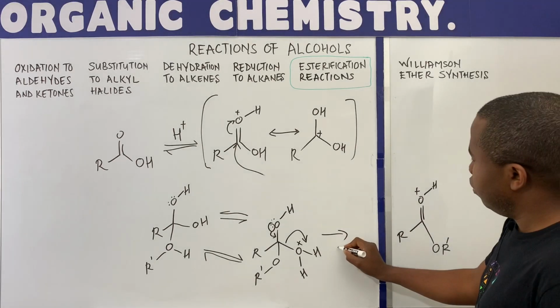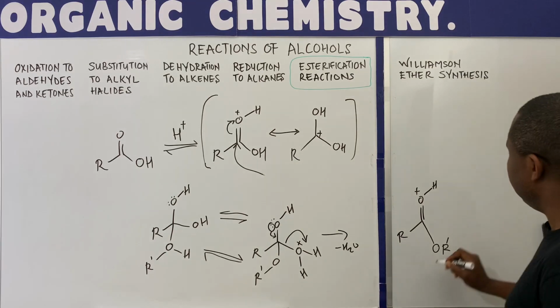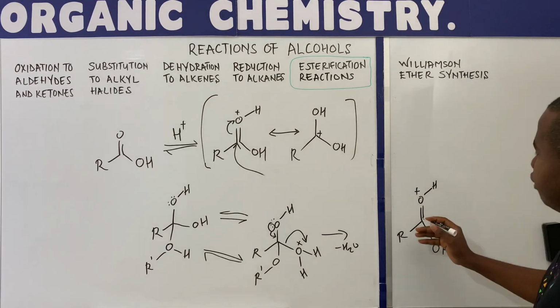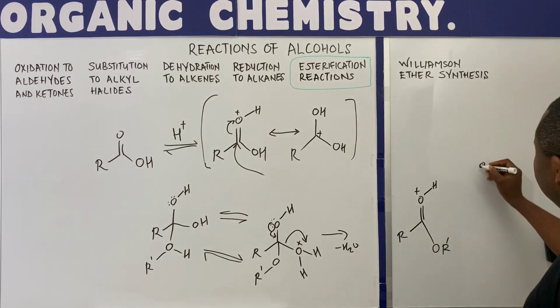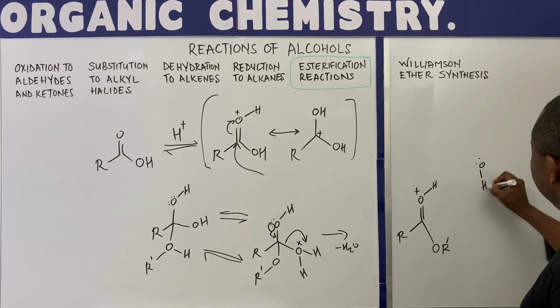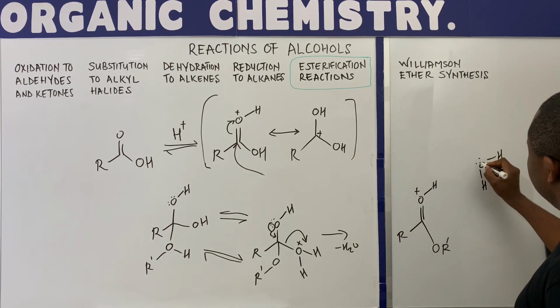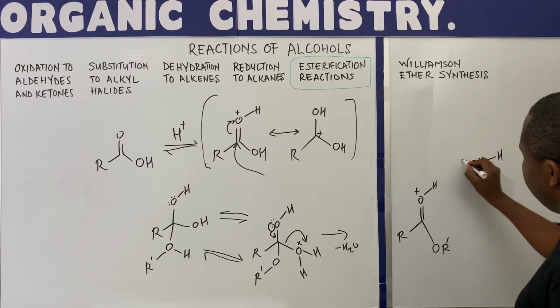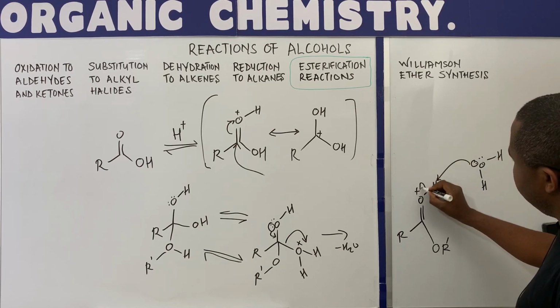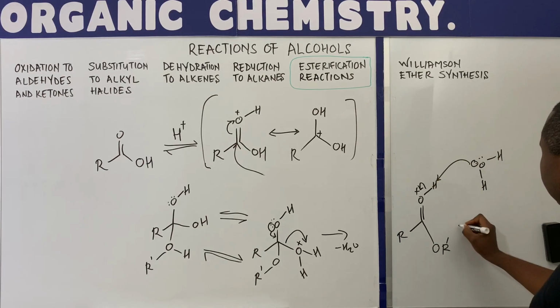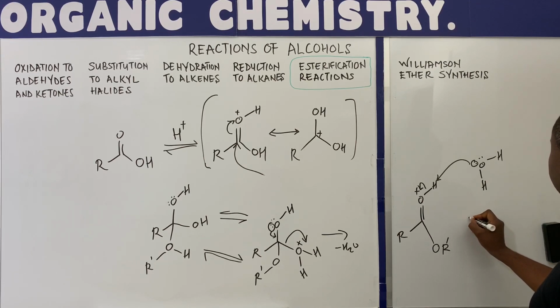That is minus H2O. Then, because this is in acidic condition, the water can come again and pick this proton so that this can be neutralized. So we have this.